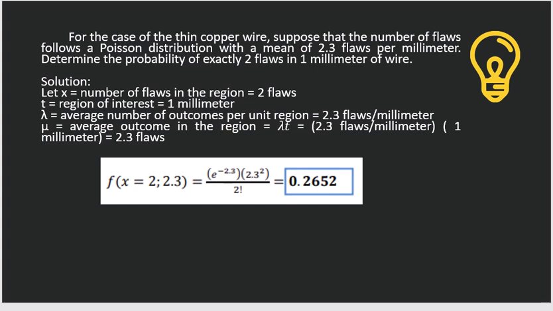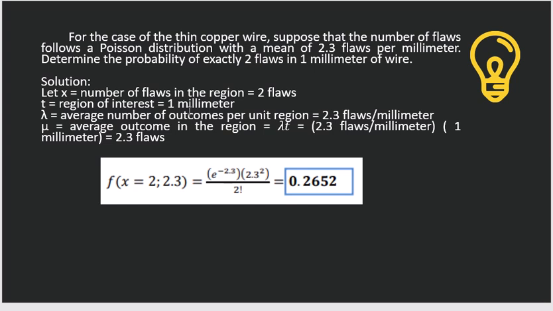For the case of the thin copper wire, suppose that the number of flaws follows a Poisson distribution with a mean of 2.3 flaws per millimeter. Determine the probability of exactly 2 flaws in 1 millimeter of wire. So let x be the number of flaws in the region. So 2 is what is being asked of us.